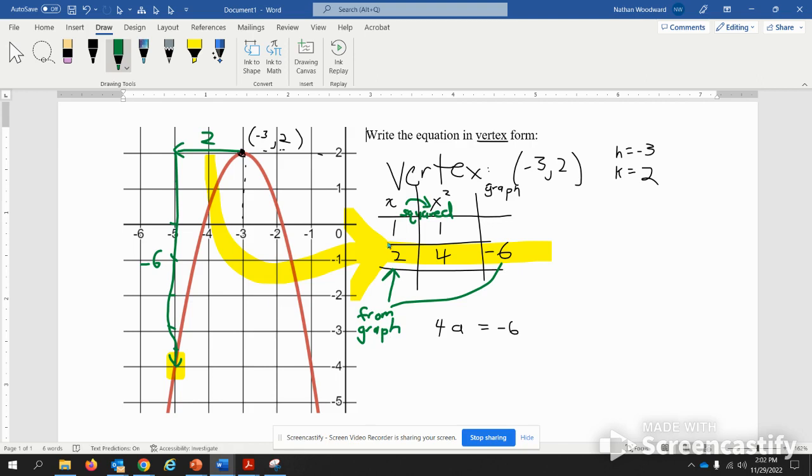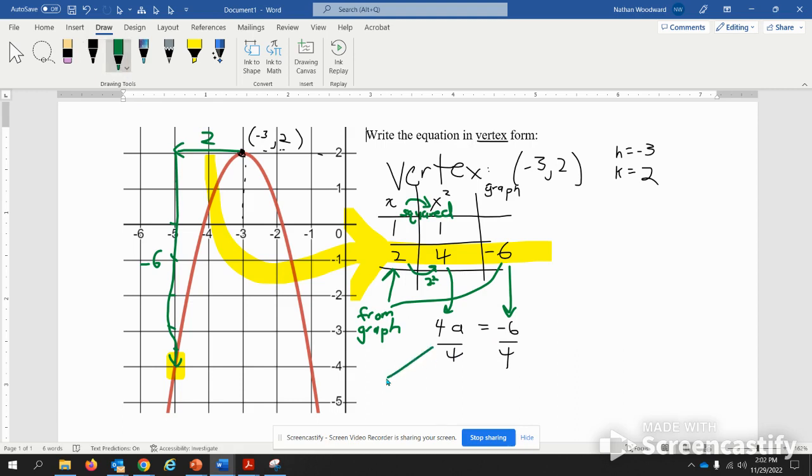And this is squared. 2 squared. That's how we get the 4. And then we say these numbers here are what generate an equation for us. 4 times a number times a equals -6. So, solve for a.